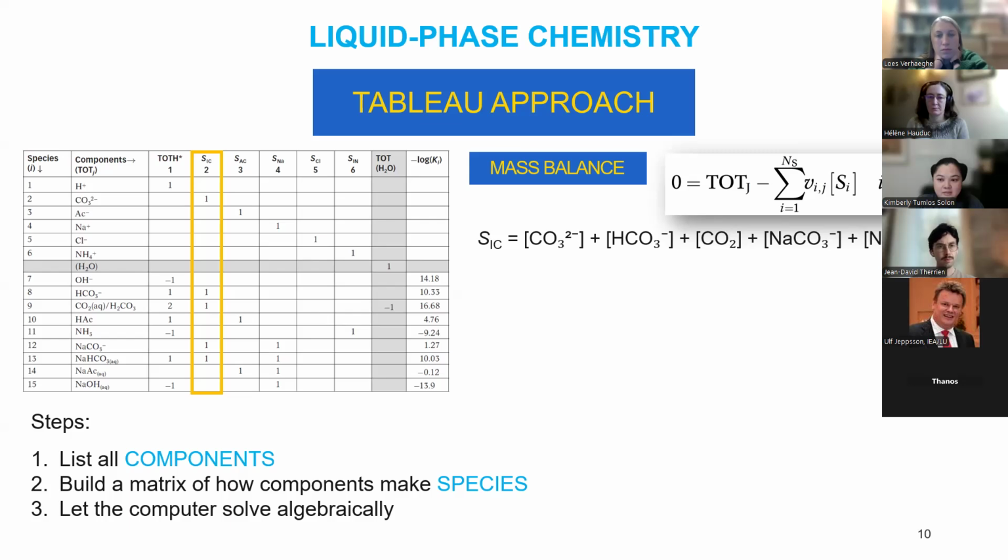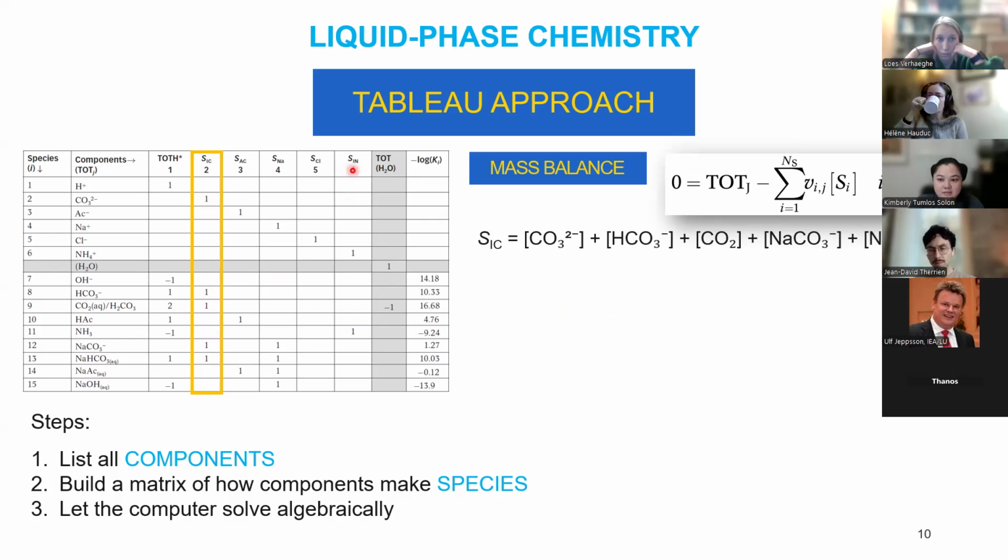In this case, we can see that inorganic carbon is carbonate, CO3 2 minus, and then we have HCO3 minus plus CO2, and then we have sodium carbonate, and then we also have NaHCO3. Then we have the mass balance just for the inorganic carbon component. And we have to do the same for all the components, until the sixth one here.